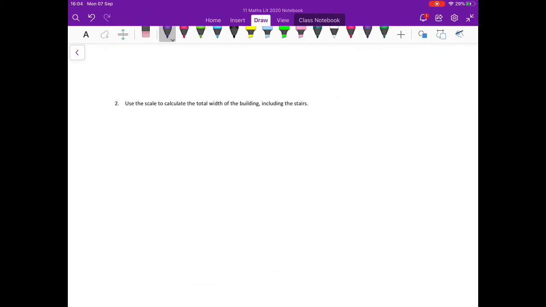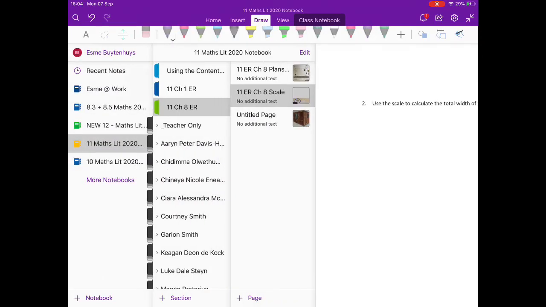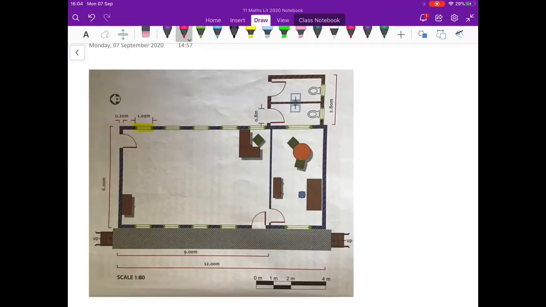Right, as soon as we have a number scale, we're going to use the number scale to calculate certain dimensions. So in this case, I'm going to ask you for the total width of the building, which you would have seen. The total width of the building is from the stairs to the outer end of the bathrooms.